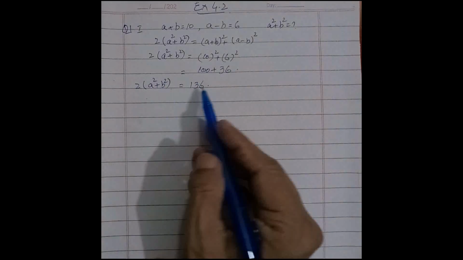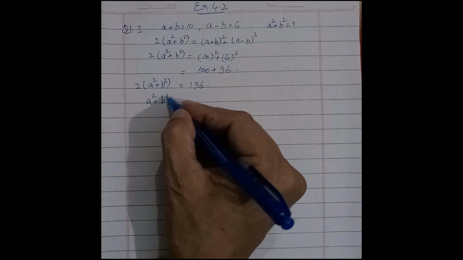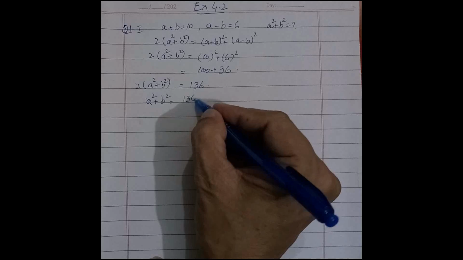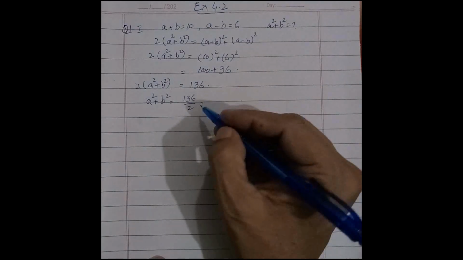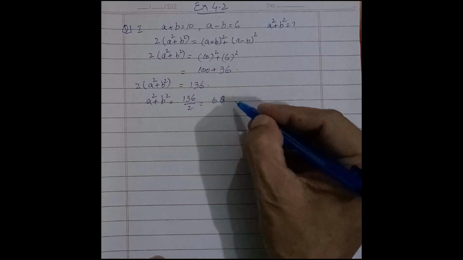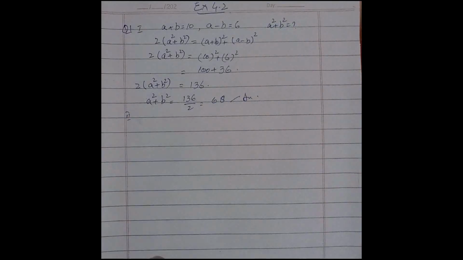And now we divide both sides by 2, we get a square plus b square is equal to 136 over 2, and which is 68. And answer.